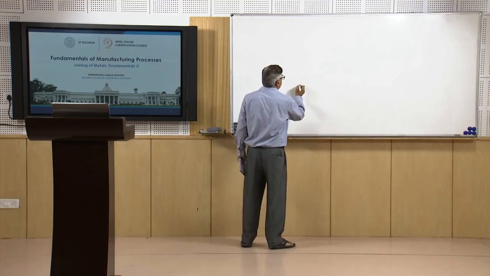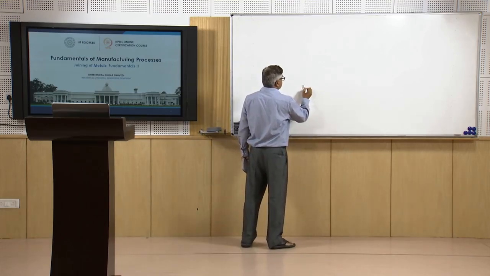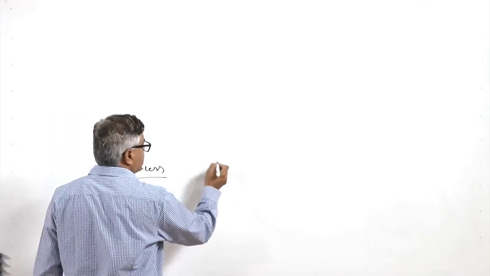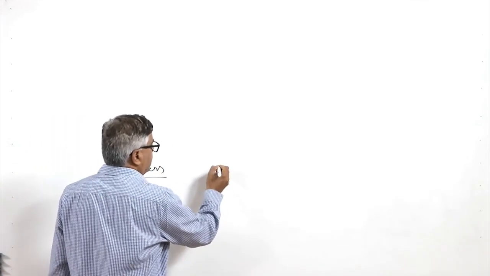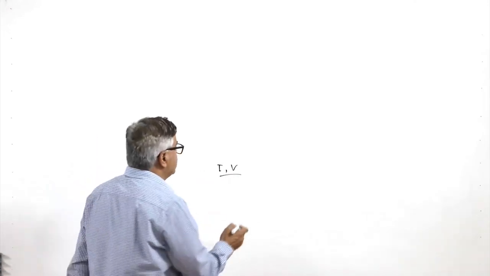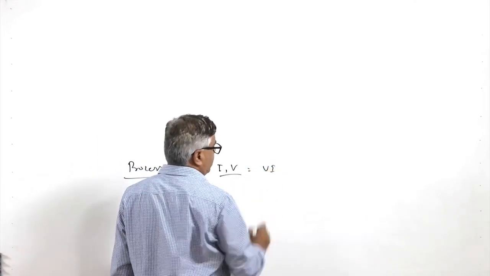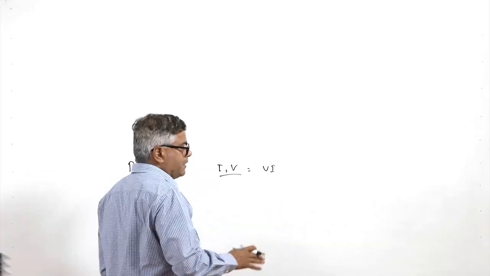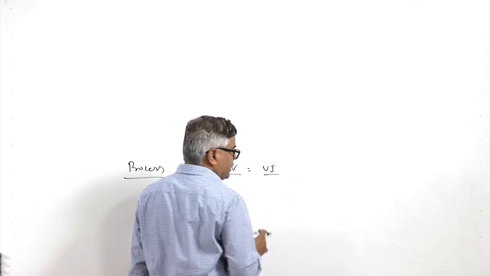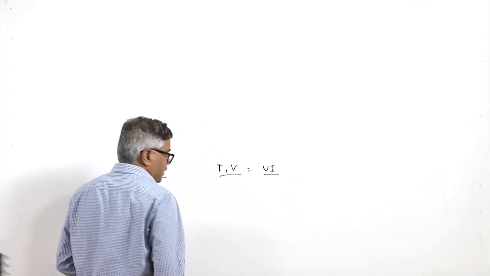But we know that whenever we use any process, whether it is arc or any other process, we deliver some amount of energy, like some current and some voltage, and the energy generated can be obtained from VI. But the same amount of energy is not converted into heat.